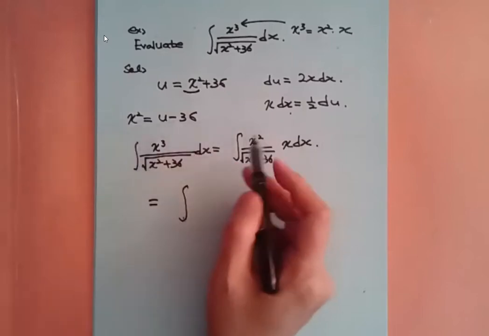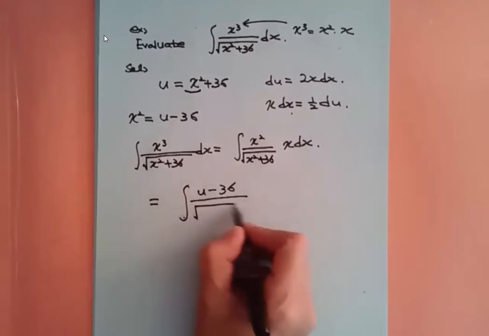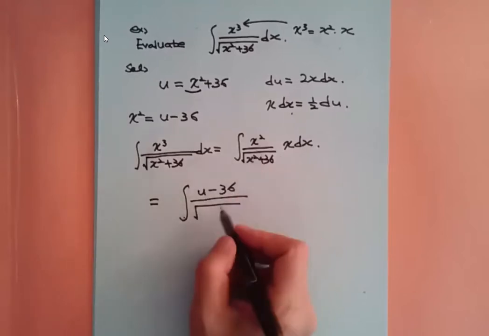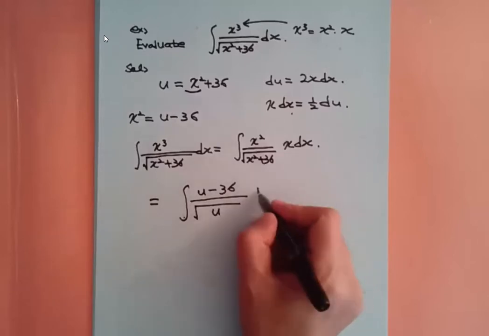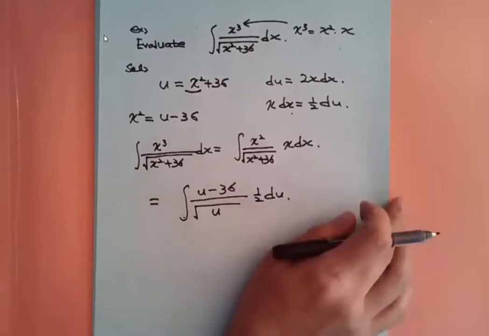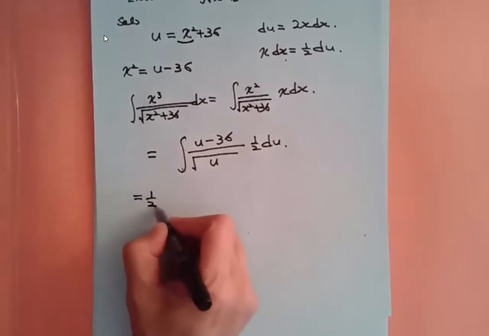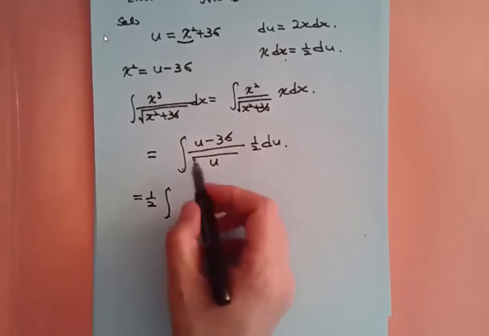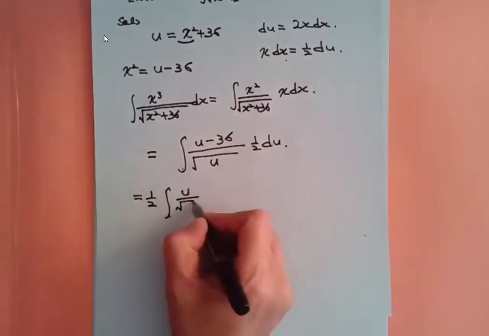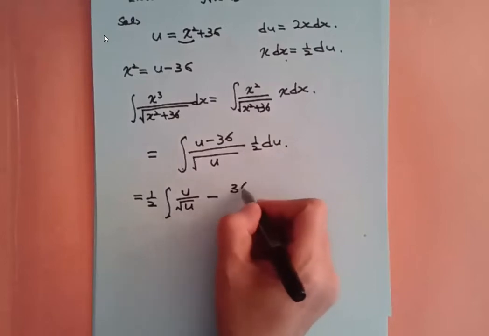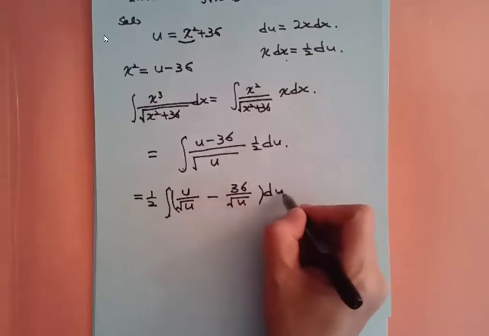So x squared is u minus 36 over square root of x squared plus 36. That is u, right? And the x dx is 1 over 2 du. That is 1 over 2 integration u minus 36 over square root of u du.